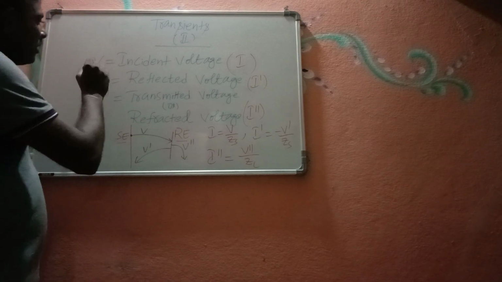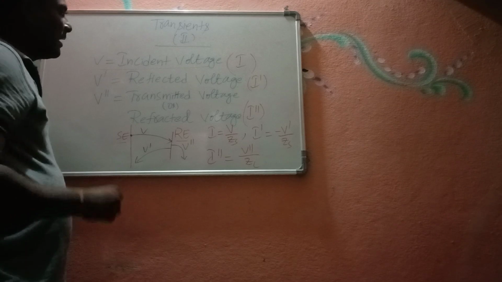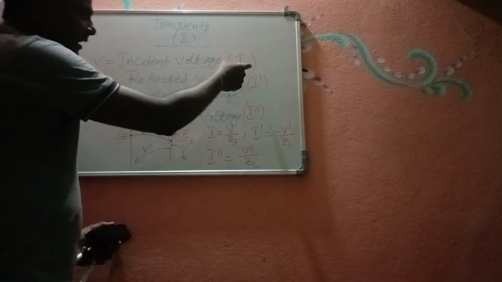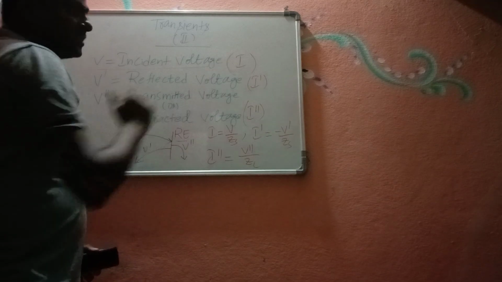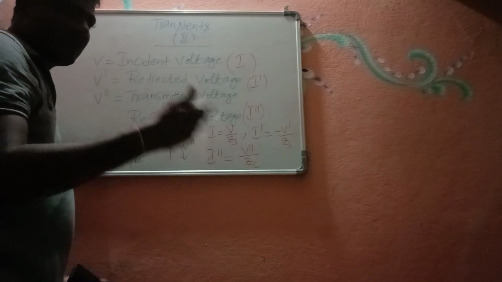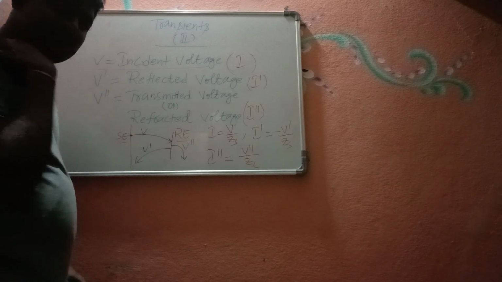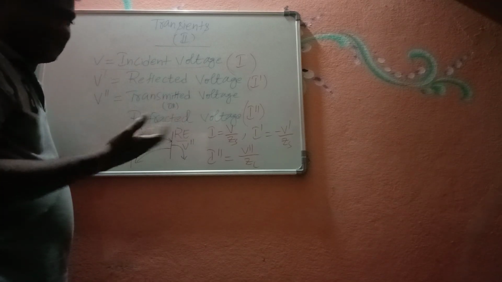Hence we call this voltage the incident voltage V, and similarly the current I as the incident current. This is my way of taking the symbols for different voltages.